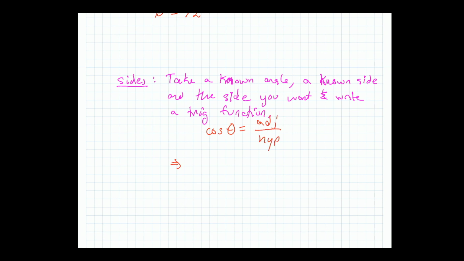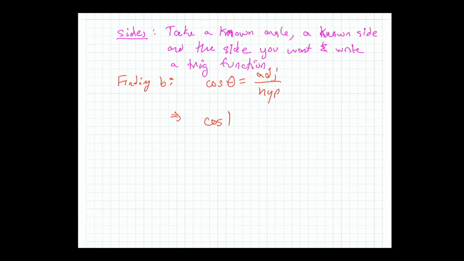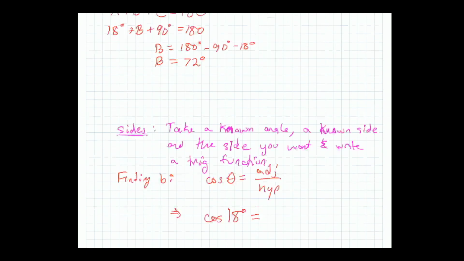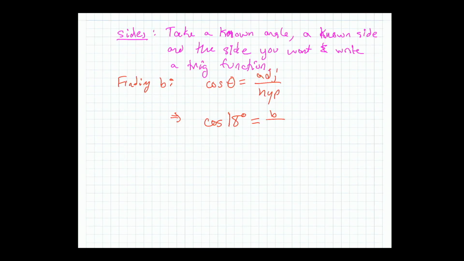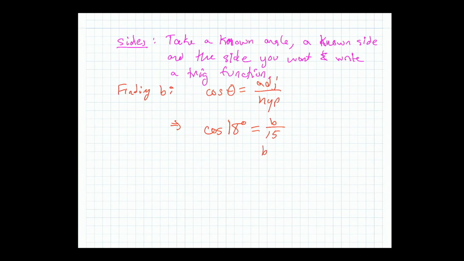So for us, we're finding B. The angle we're using is A, which is 18 degrees, and that equals the adjacent side, B, over the hypotenuse, which is 15. So B is simply 15 cosine 18, and make sure you are in degree mode.